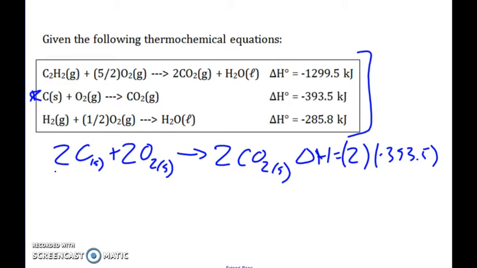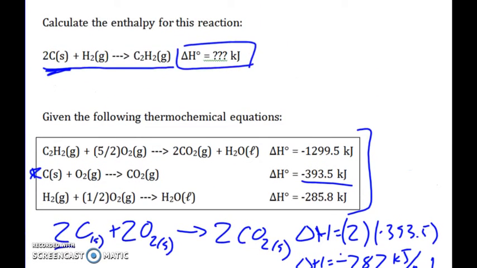Since we now have 2 of these instead of 1, this number also needs to be doubled. So therefore our delta H is going to work out to negative 787 kilojoules per mole.